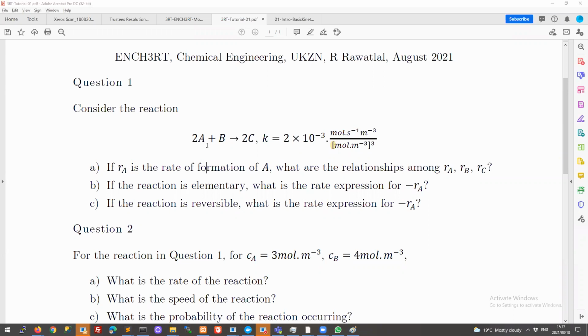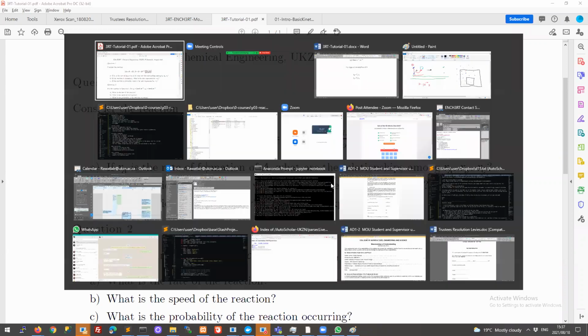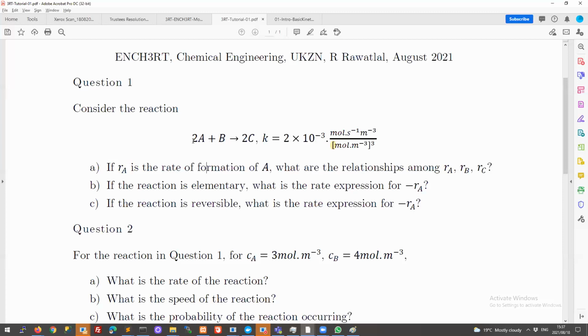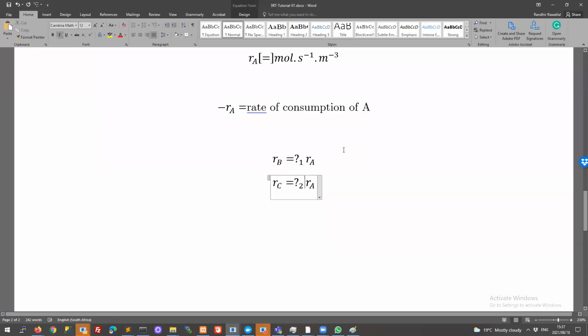Okay, so first you can see RA and RC. Those are equal in magnitude, right? So as you consume 1 mole of A, you will get 1 mole of C. Because the stoichiometric coefficient in front here is the same, we can say they are equal in magnitude.